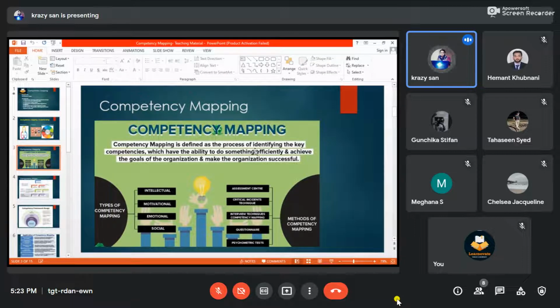A particular human resource can hold different types of competency, that might be educational competency or extra educational competency, like intellectual, motivational, emotional, socialization and social. These are the types.